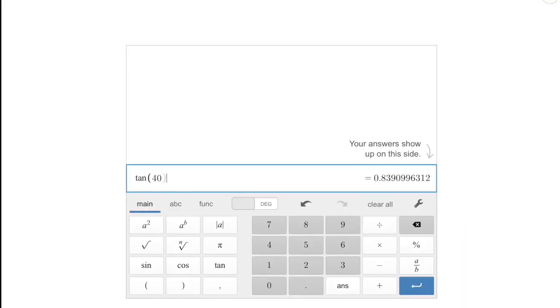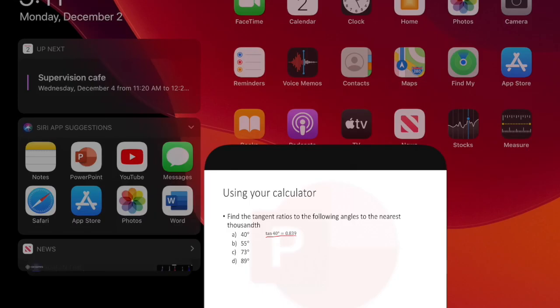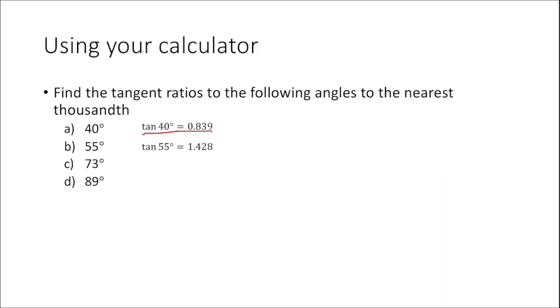Tan of 55. Let's try it. So tan of 55 equals 1.428. That's what we got. Try your calculator again for 73.